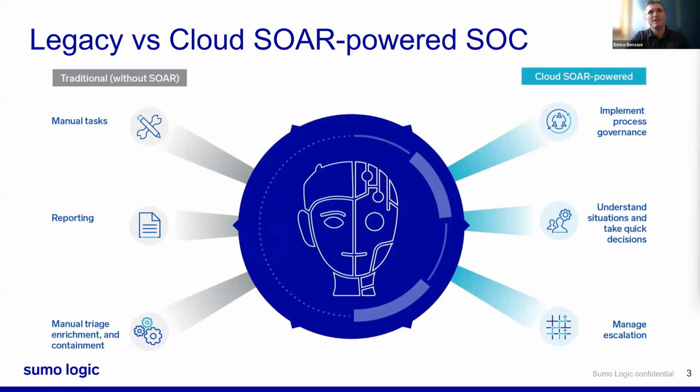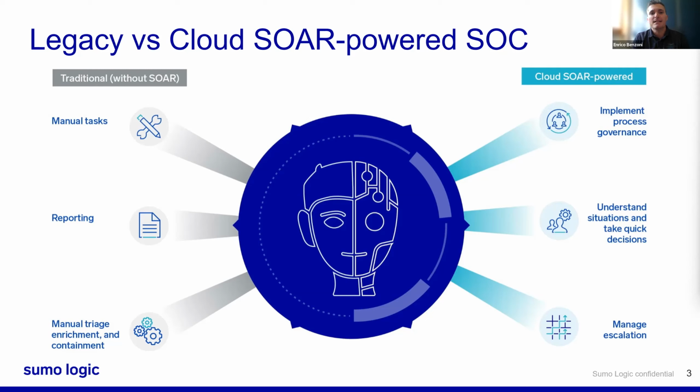With the legacy SOAR, you have a lot of manual tasks: you have to create a lot of reports, and you have to make manual triage, enrichment, and containment actions. SOAR is extremely useful and allows for numerous benefits, including alert analysis and easy visualization of processes.